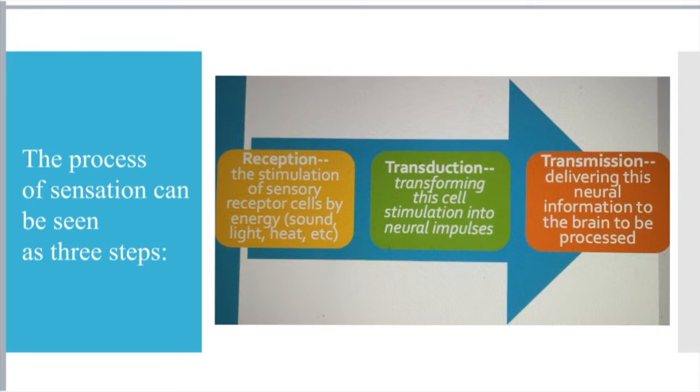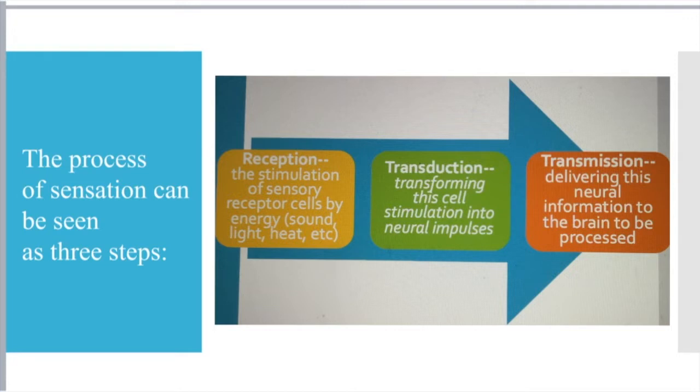So that's like the actual sound coming into our ear and starting that neural impulse, that action potential, the actual firing of neurons to get to the brain. Then we have transmission, which delivers the neural information to the brain to be processed, right? So reception, transduction, and transmission.